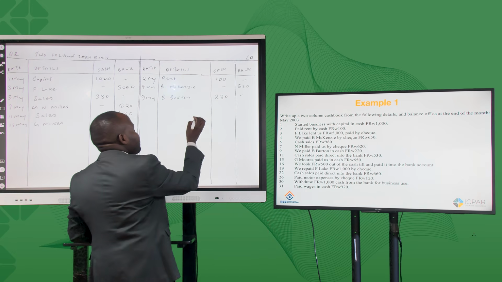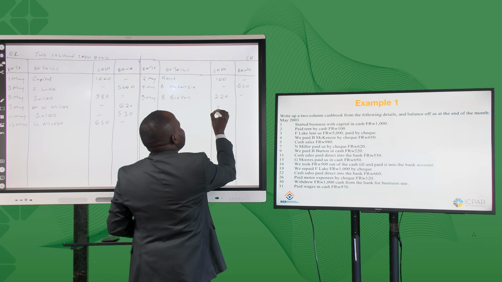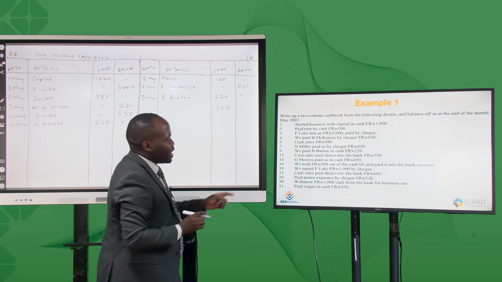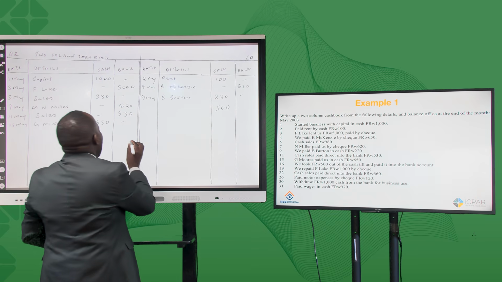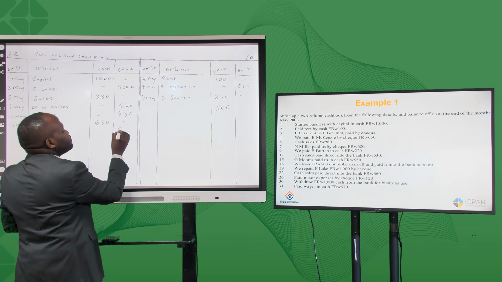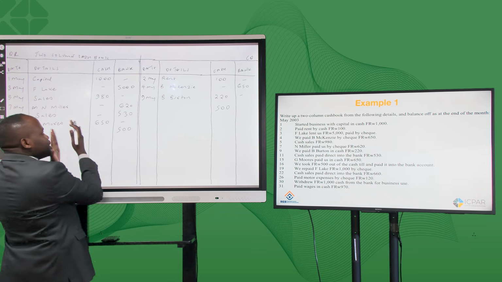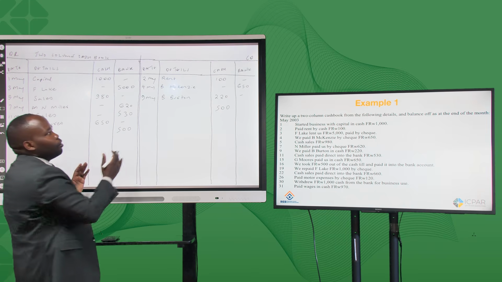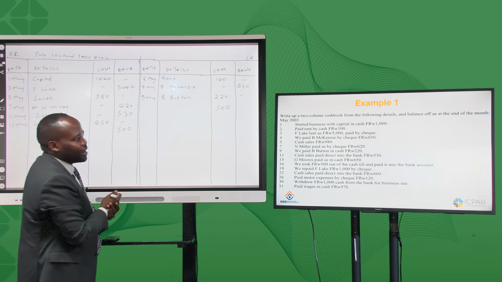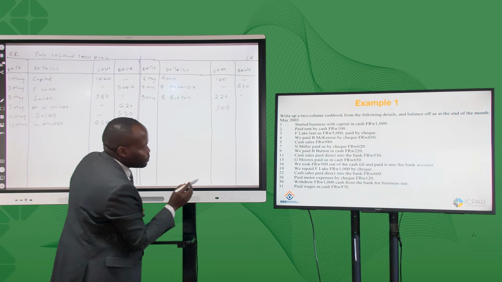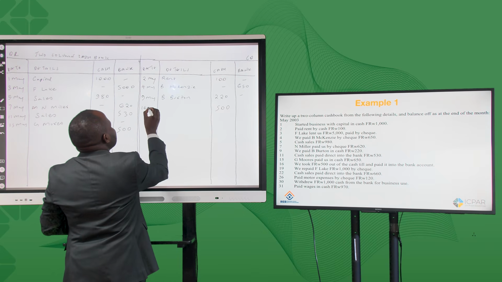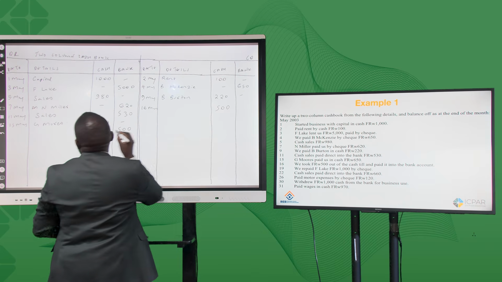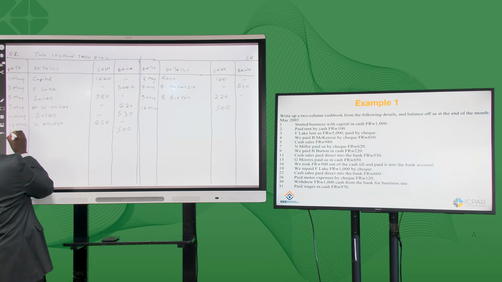Let me post it here. 500 is going out of the cash and paid into the bank. And the bank is receiving the 500. So the receipt side is on the bank. The payment side is on the cash. And what is the date? It is 16th May.